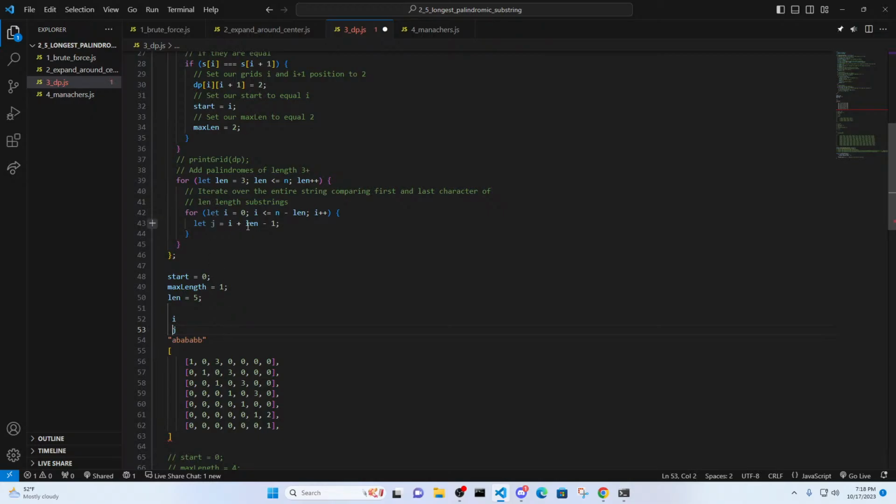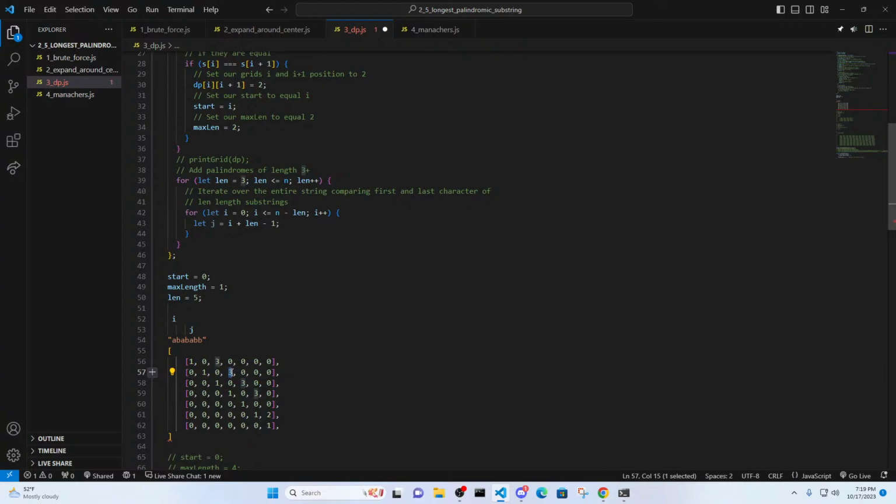0 plus 5 minus 1, so 1, 2, 3, 4. So in this case, we're checking i plus 1, so 0, we're checking the 1. 0, 1, 2, 3, 4. So we're checking 4 minus 1. 0, 1, 2, 3.